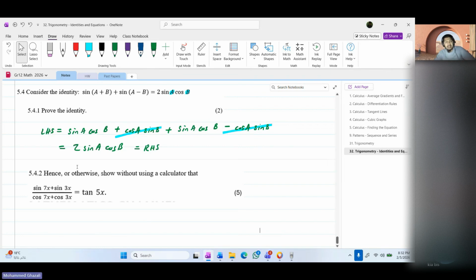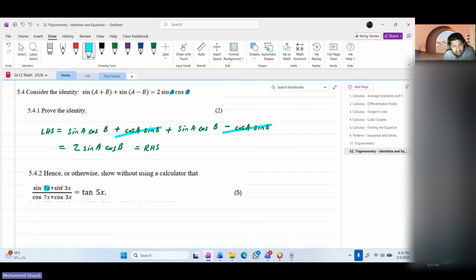Look, we had sine, and we got cos. So I'm sure we can break this up. Okay, look at the 7x.